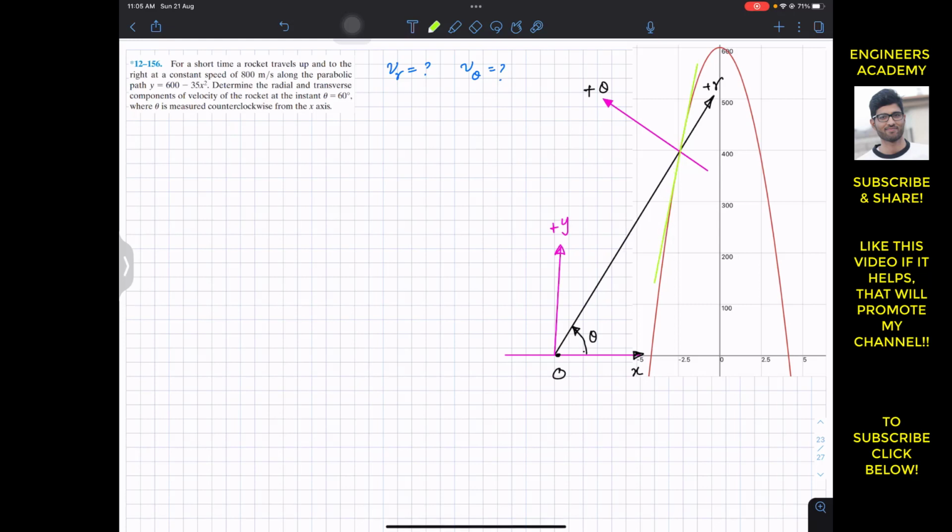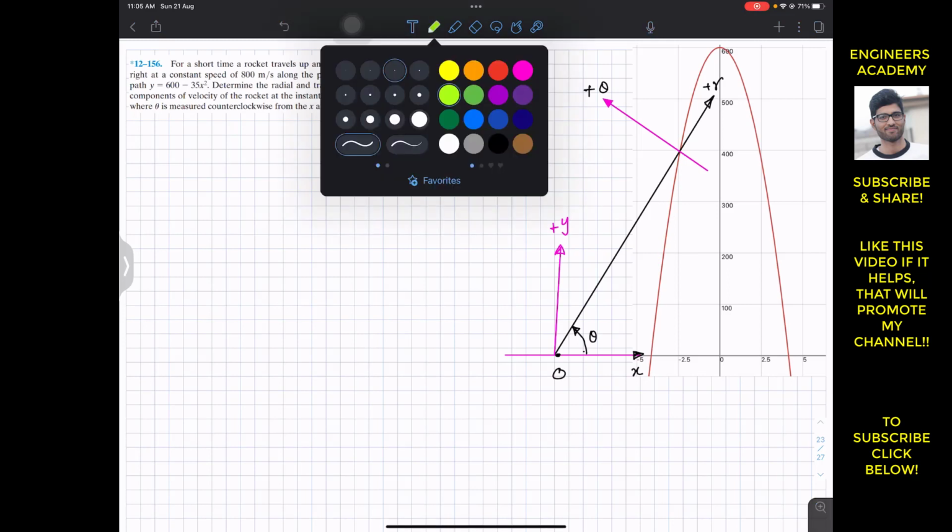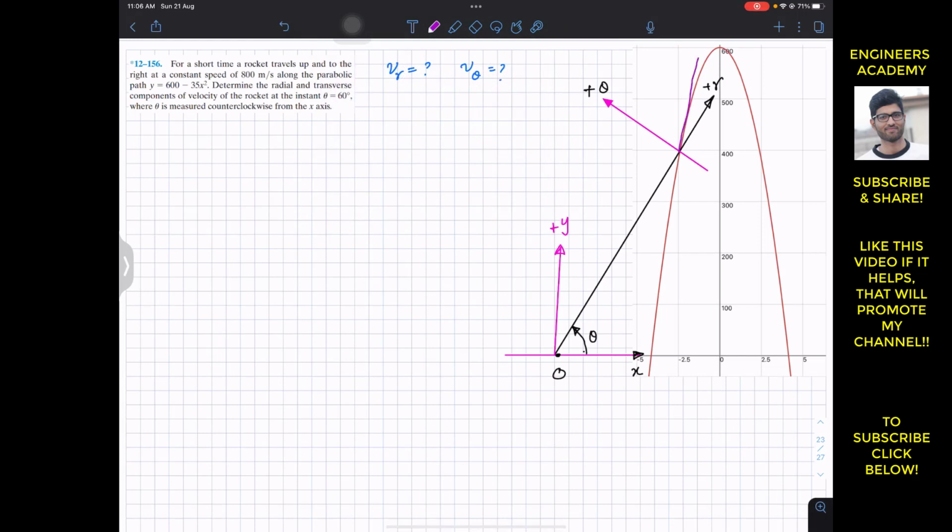I hope this is visible. If this is not visible, let's make it with some other color, right? So let's say that this is our tangent to the path at this particular instant. This line is the tangent along which the 800 meters per second velocity is acting.